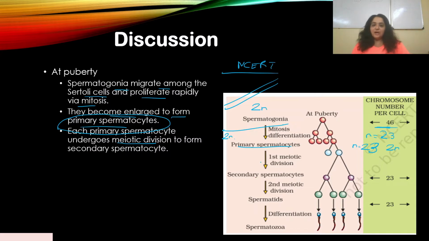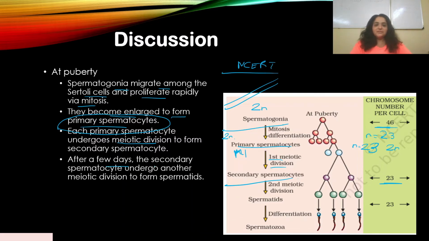Now, after the first meiotic division, meiosis 1, which I'll write as M1 over here, secondary spermatocytes are formed and the chromosome number becomes half. That means it becomes 23 now.